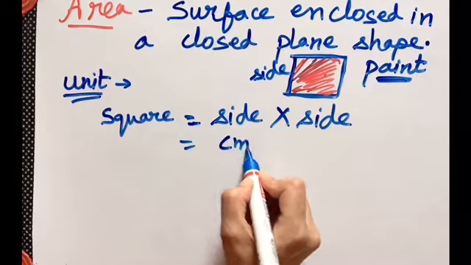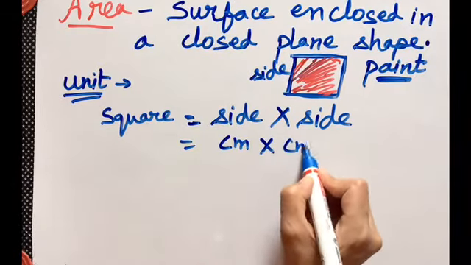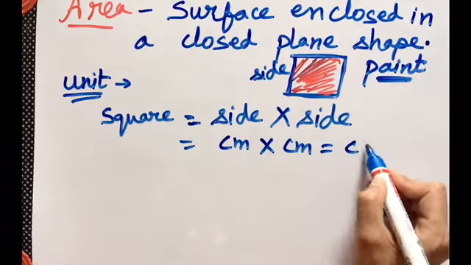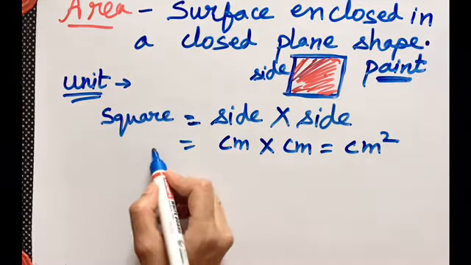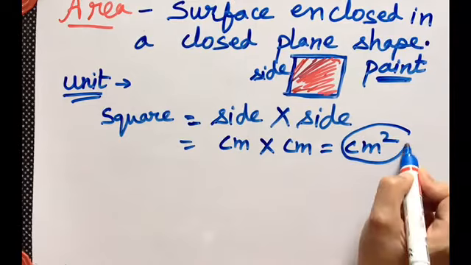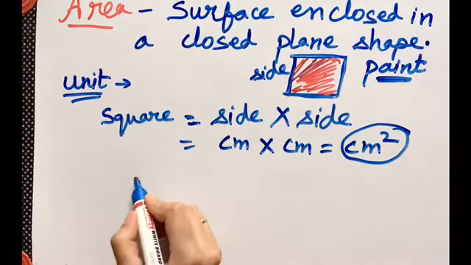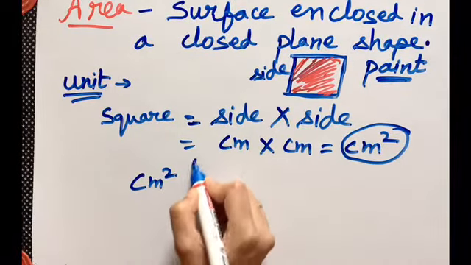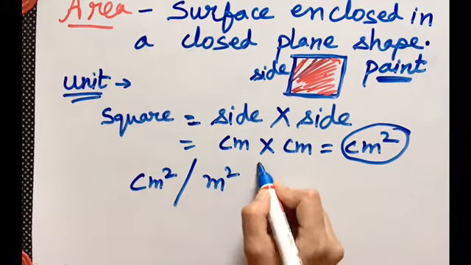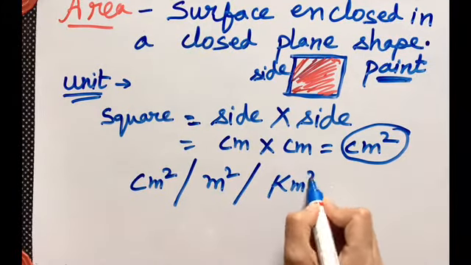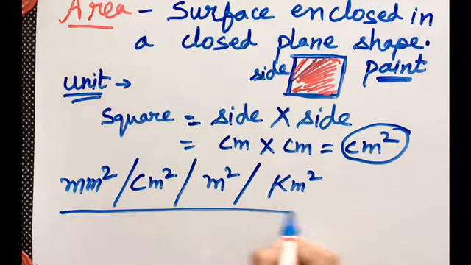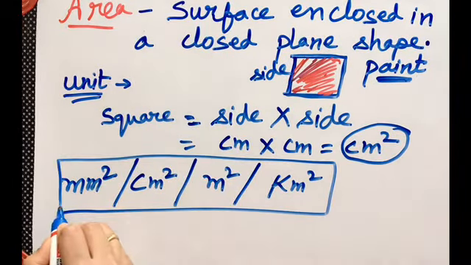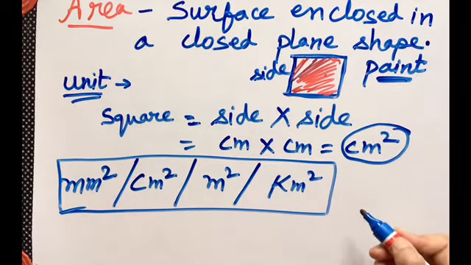If I take it centimeter, it will be centimeter multiplied by centimeter, so it will be centimeter square. Fine. So this is the unit of the area, so it may be centimeter square or meter square or kilometer square, or millimeter square. So anything can be the unit depending on the unit of the length and breadth.